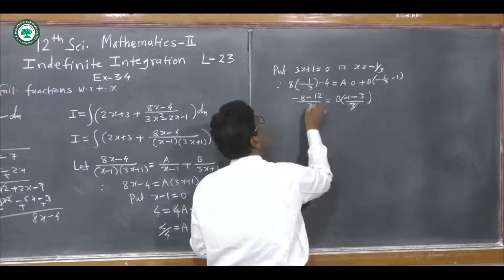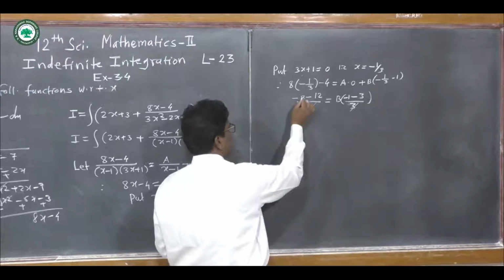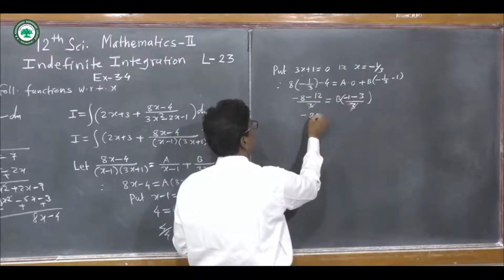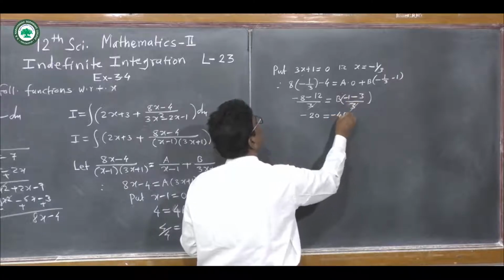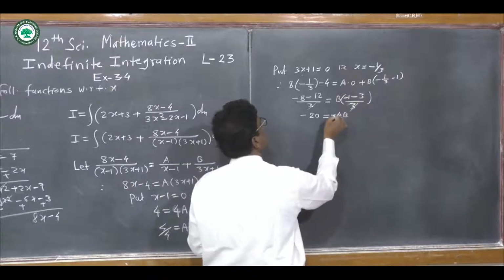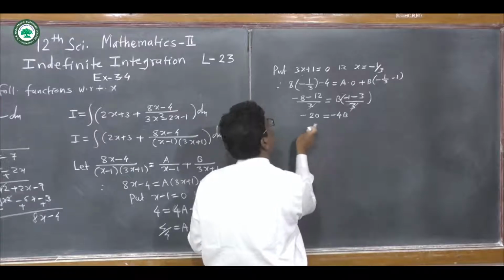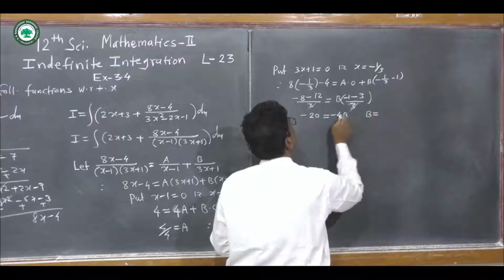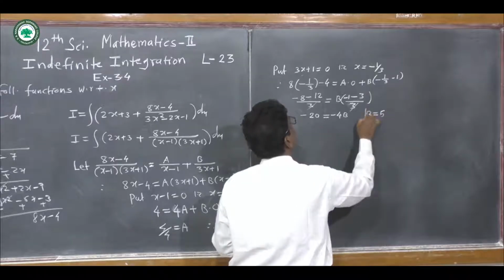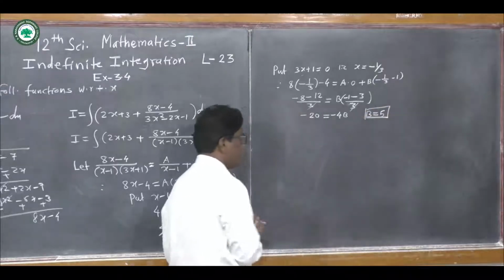Now these 3 and 3 get cancelled. So we get minus 8 minus 12, minus 20, is equal to minus 1 minus 3, minus 4b. So this implies this minus minus becomes plus. So 20 upon 4 is equal to b. So b is equal to 5, since 4 5s are 20. So we get b as 5.